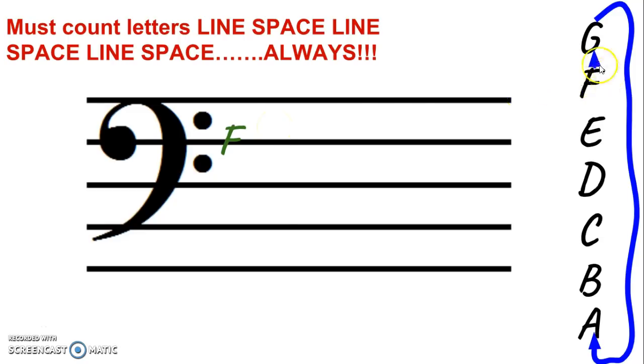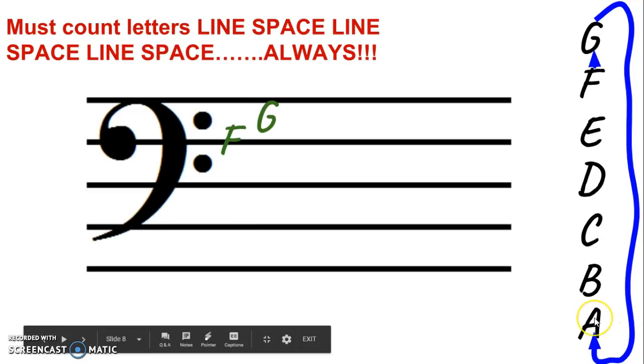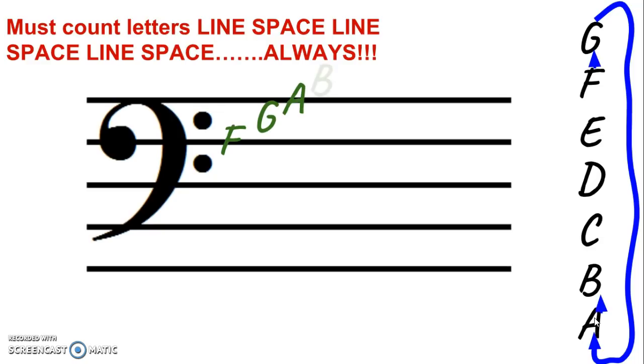From F, we go to G, and that's that space. From there, we go around, as we did over here, to get to A again, and that's a line. Up from A is B, and then up from there would be C, D, E, and F, which we'll get to those in a second because they're a little bit different above the staff.